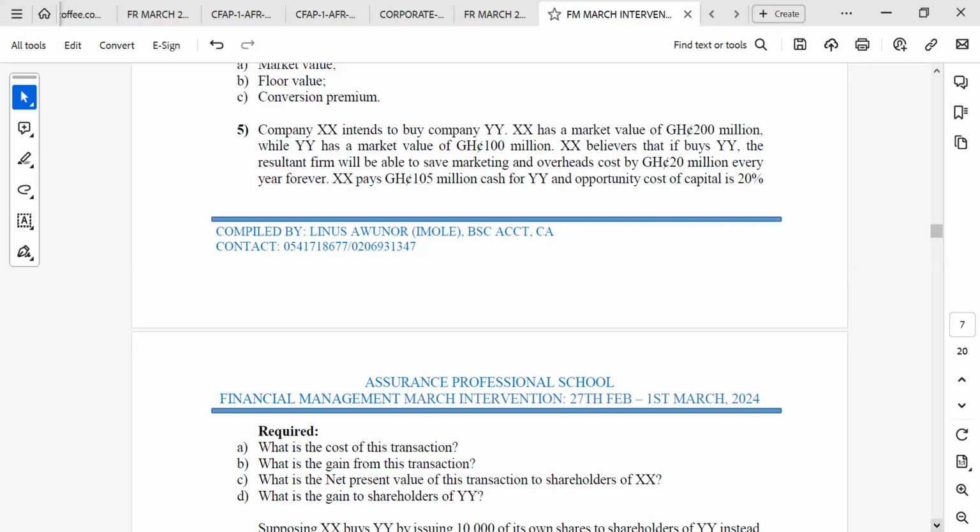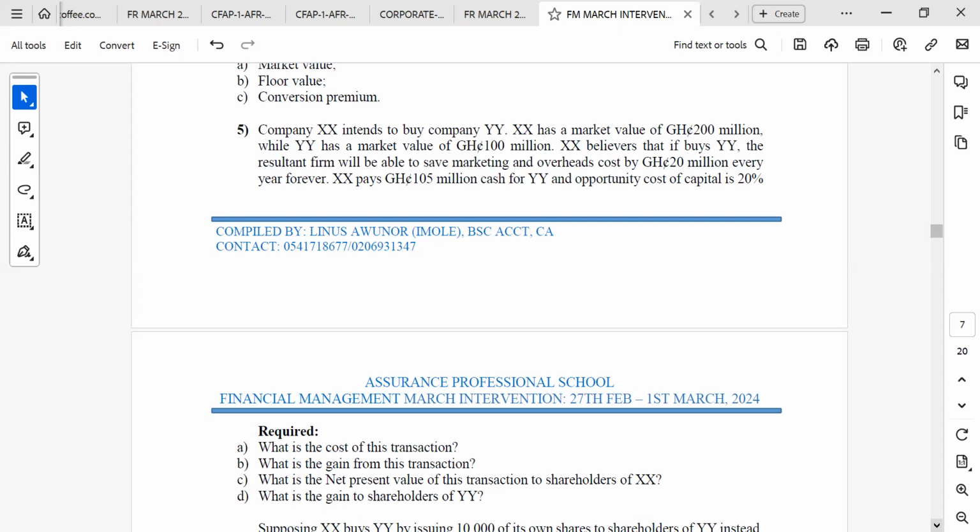XX believes that if it buys YY, the resultant firm will be able to save marketing and overhead costs by 20 million every year forever.